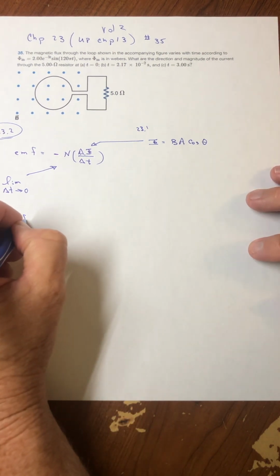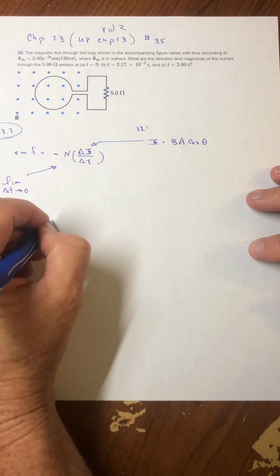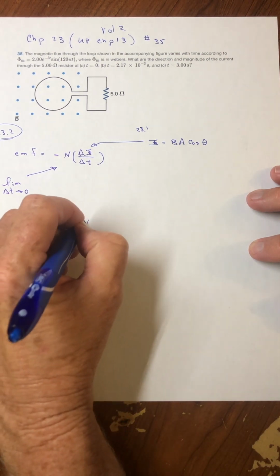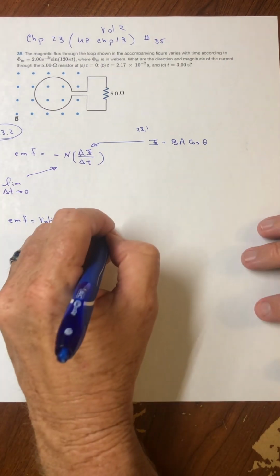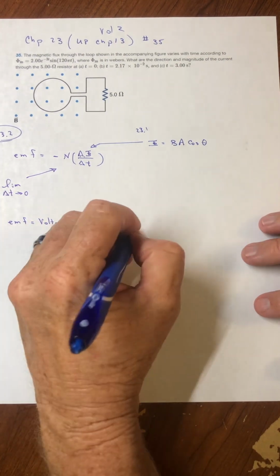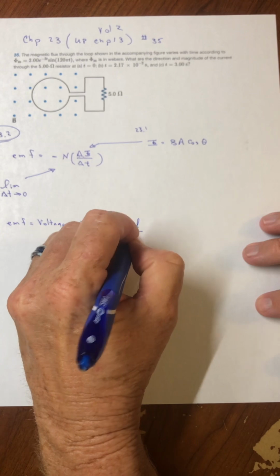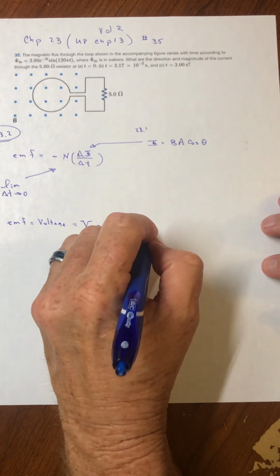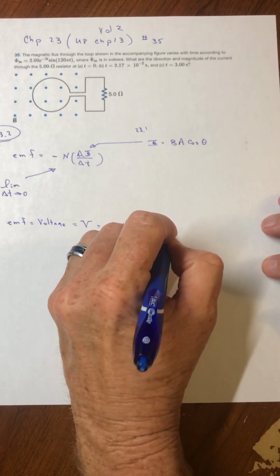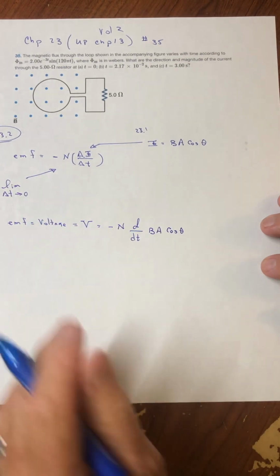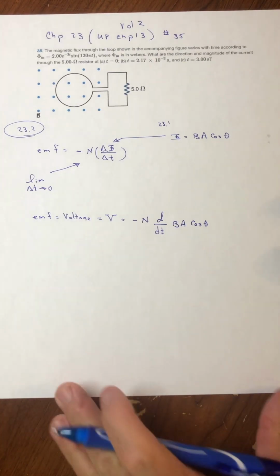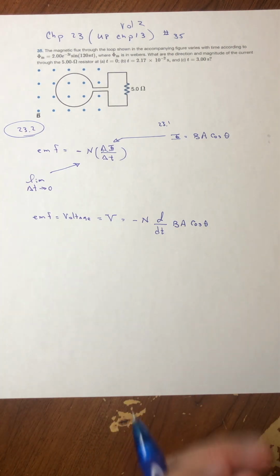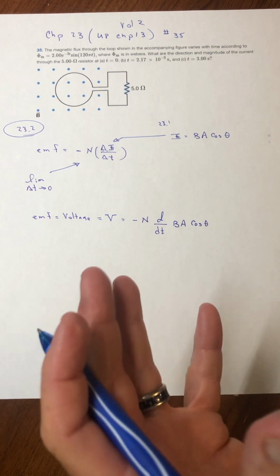The EMF, or why don't I just call it the voltage, V, that's created, is equal to negative the number of turns times the time derivative of the flux, B A cosine theta. Let me start there, because that really is the hard part of this particular problem.